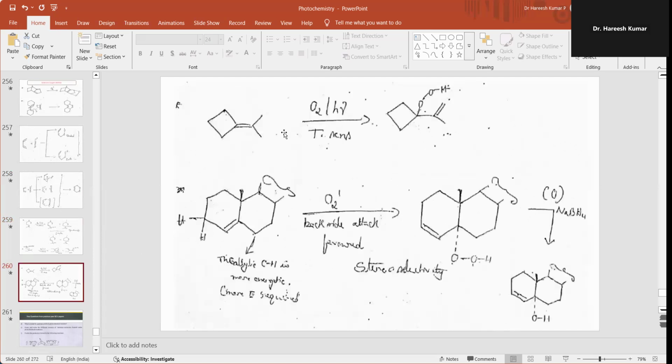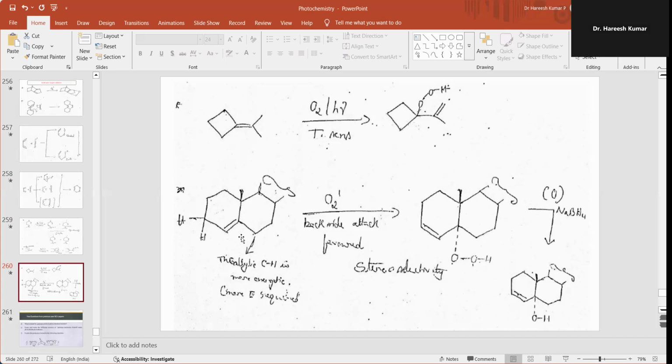I will go to the next slide. In the next slide, an unsymmetrical ketone on reaction with oxygen in the presence of a triplet sensitizer on irradiation will give you the more substituted hydroperoxide as the product.